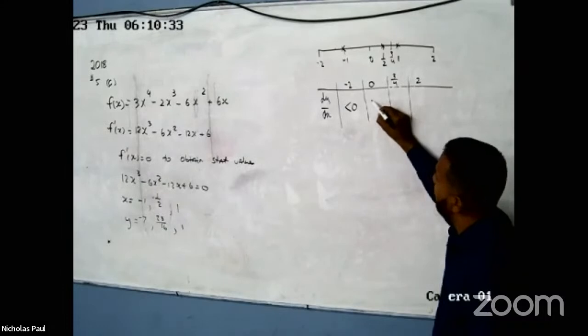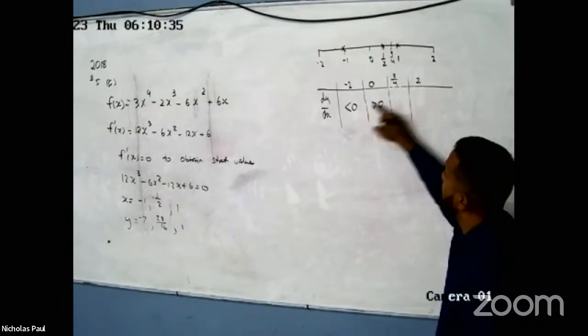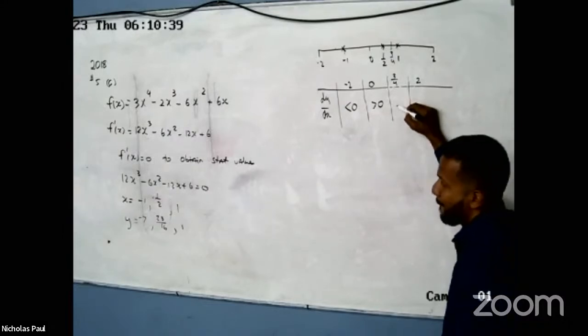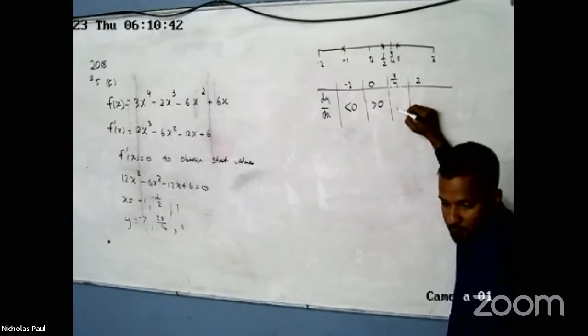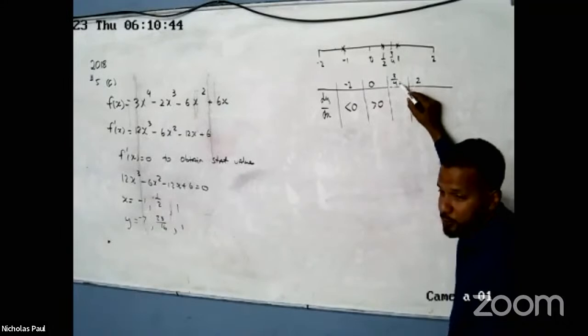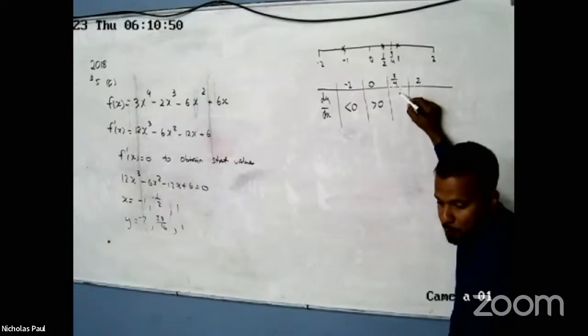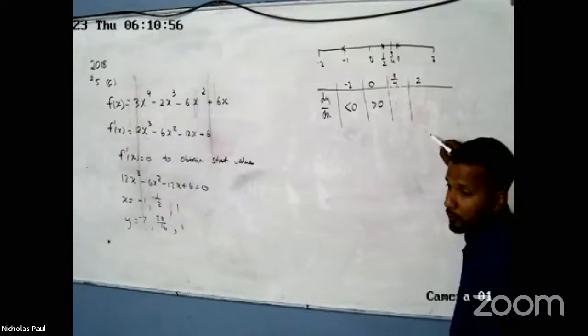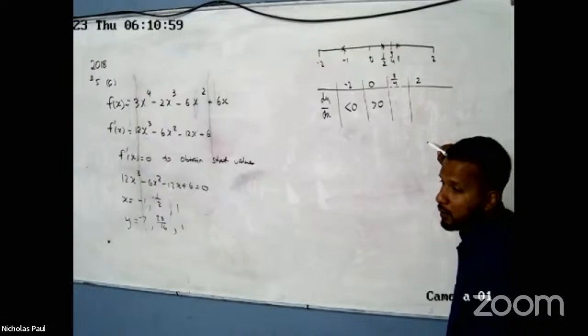Right, next one is straightforward, that's more than 0, right? 3/4. Check out 3/4 in dy/dx.